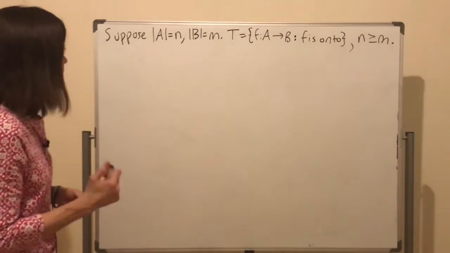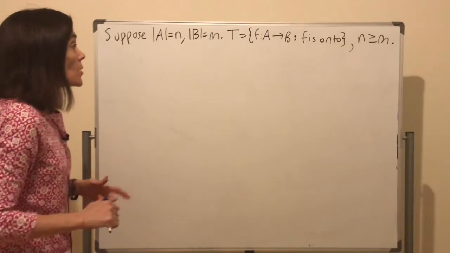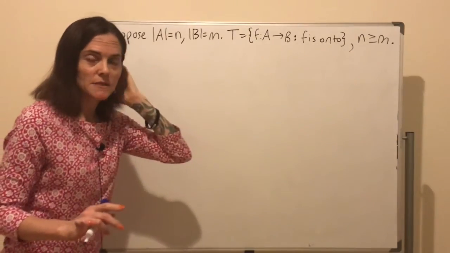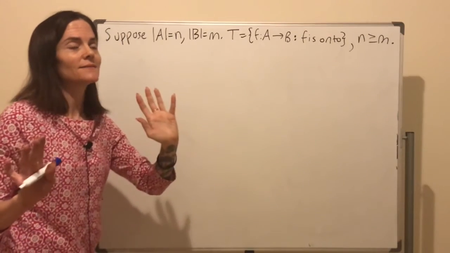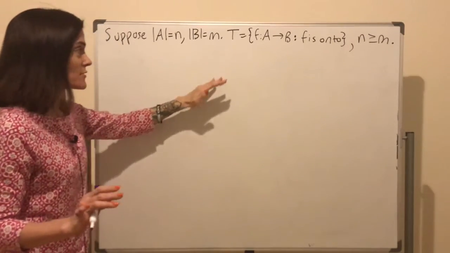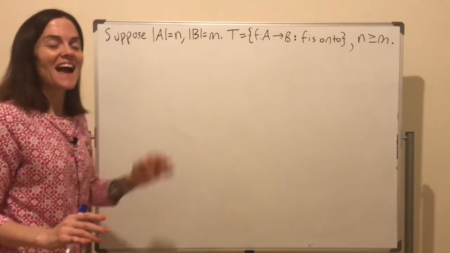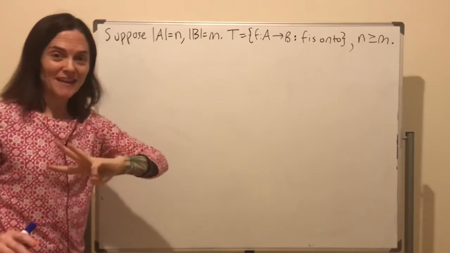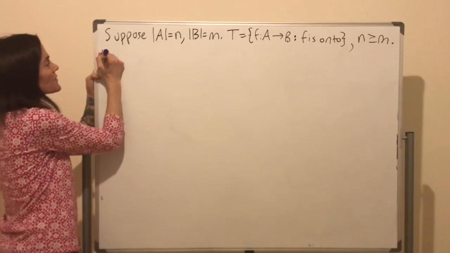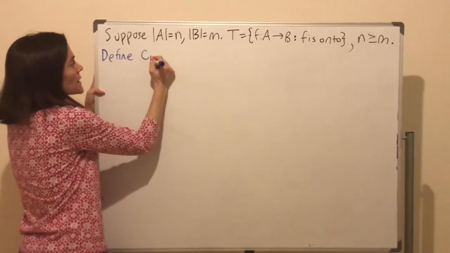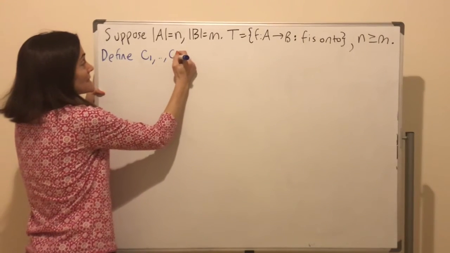Well, part of the reason I started with m is 3 is because it was a little bit less intense than the general case, and hopefully this will go through a little easier having seen m is 3 already. So I will define C1 to Cm.